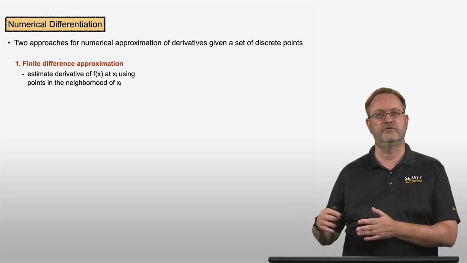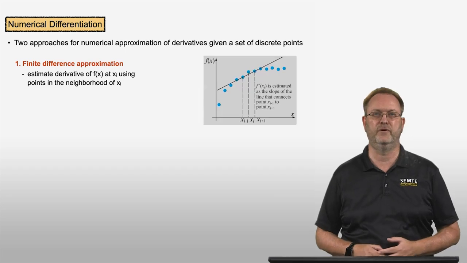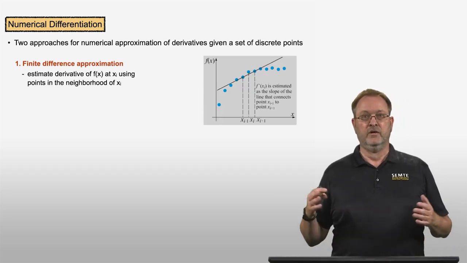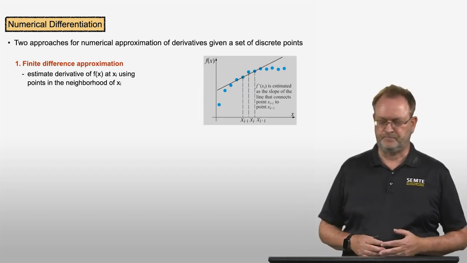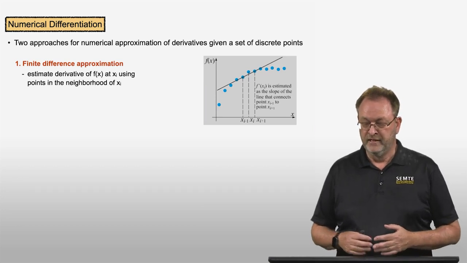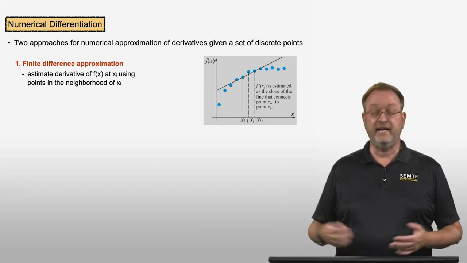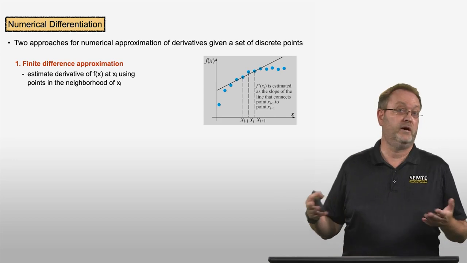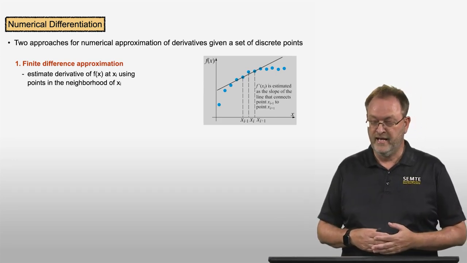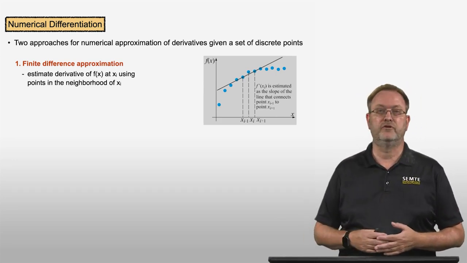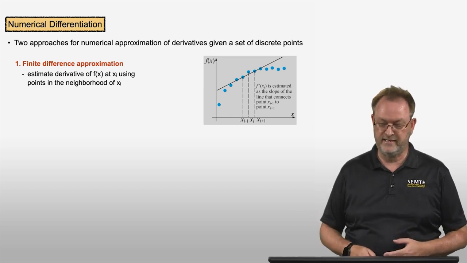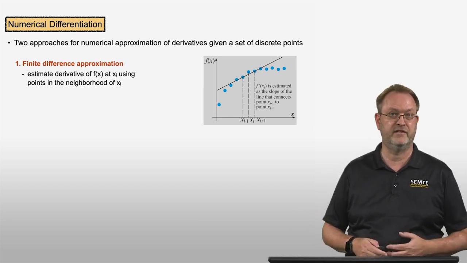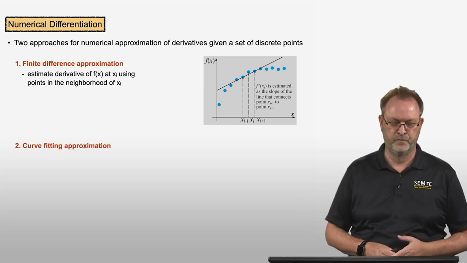So that could be neighbors to the right or to the left of this point xi. So shown here is an example in this graph where we have a point xi where we want to evaluate or approximate the derivative, and we would use points in the neighborhood. So for example, xi minus 1 or xi plus 1 and the function values there to estimate the derivative.